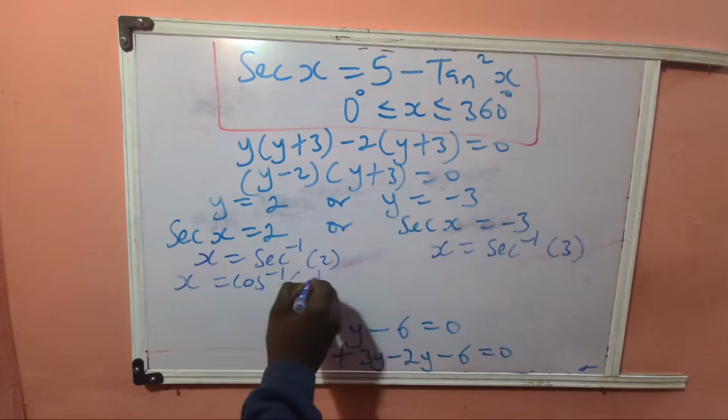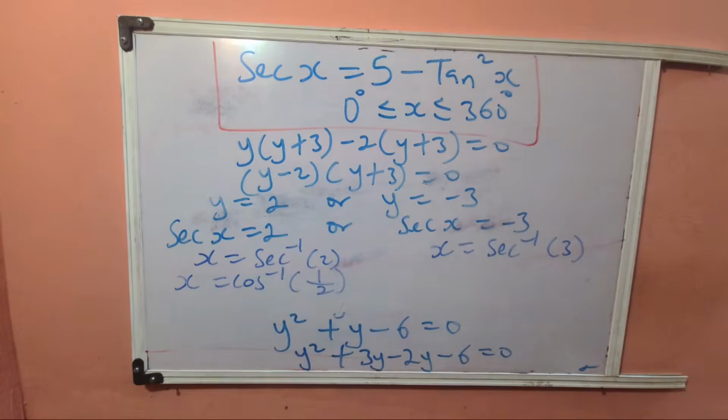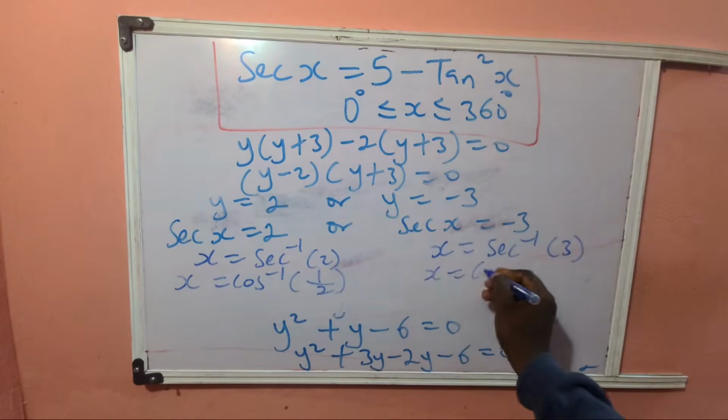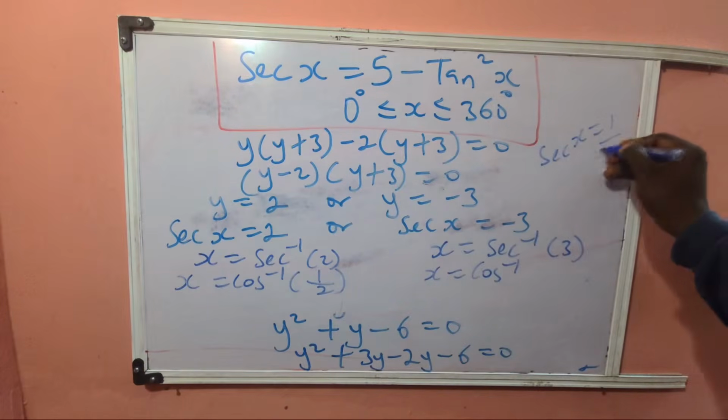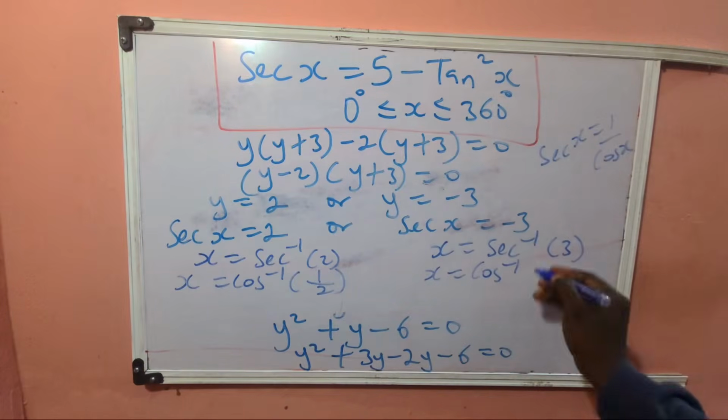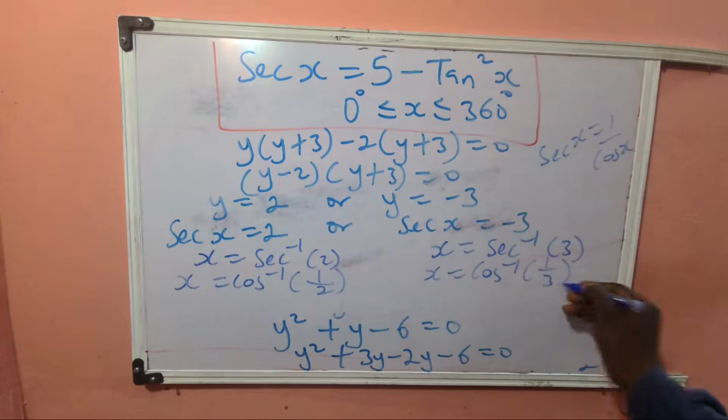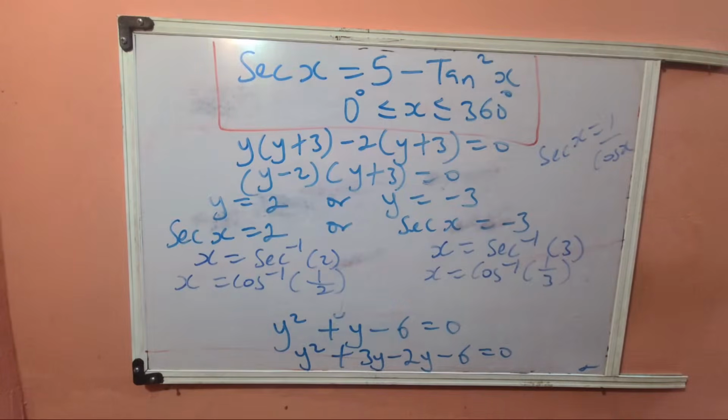In this case, I'm using 1 over 2 rather than using 2. In this other case, you'll be using the same thing, arc cos, because don't forget sec x is equal to 1 over cos x. So in this case, you'll be having 1 over 3. That's the whole idea.